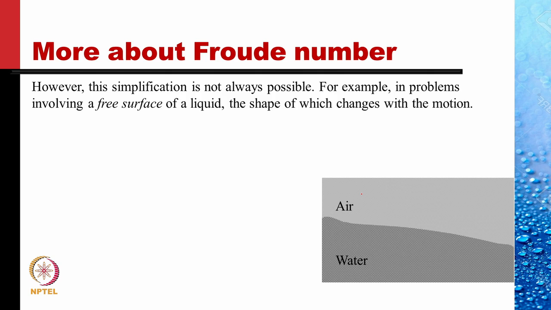For example, in problems involving a free surface of a liquid, the shape of which changes with the motion, we cannot make the problem independent of the Froude number.